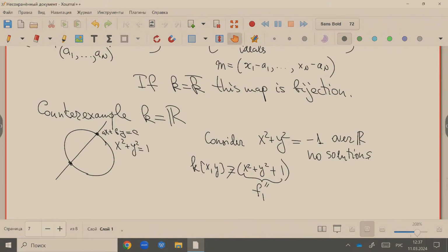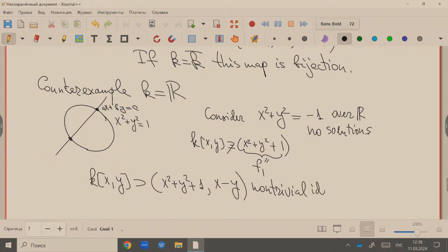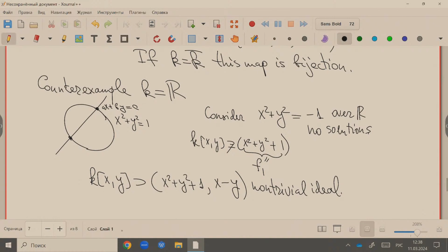If you intersect this with the line, for example x equal to y, the ideal generated by x squared plus y squared plus 1 and x minus y equal to 0 is a non-trivial ideal. And it is maximal.